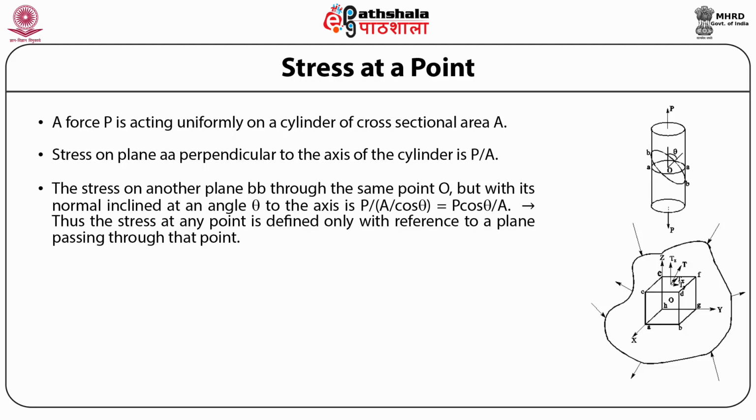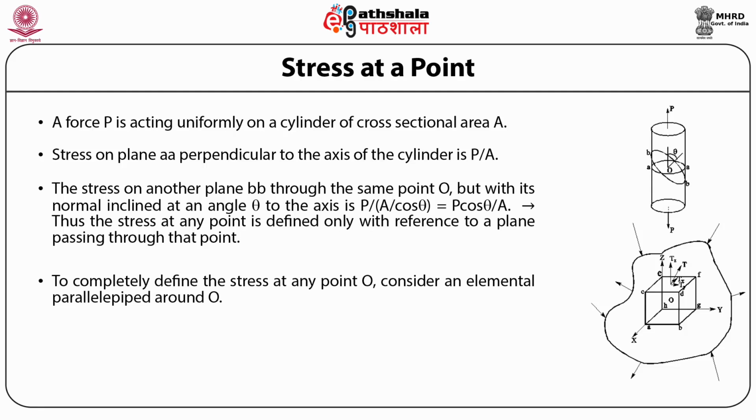If delta P is the net force acting on an element of area delta A passing through any point O in the body, then the total stress vector at point O with reference to the plane containing delta A is defined as T equal to the limit, delta A tends to 0, of delta P by delta A, as shown in this figure.